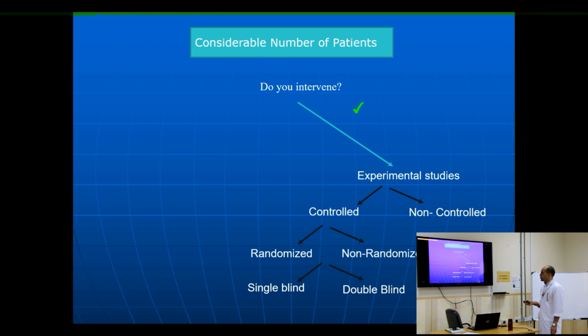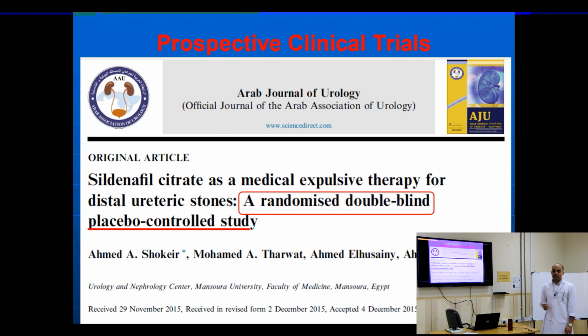But I want to just review the algorithm again. Look at this one. What is the study? Exactly. They studied a certain medication with placebo. Is it retro or pro? Always prospective, because it's a clinical trial.